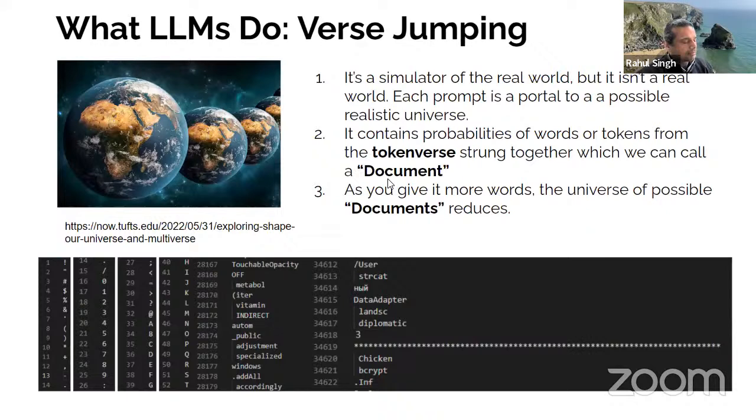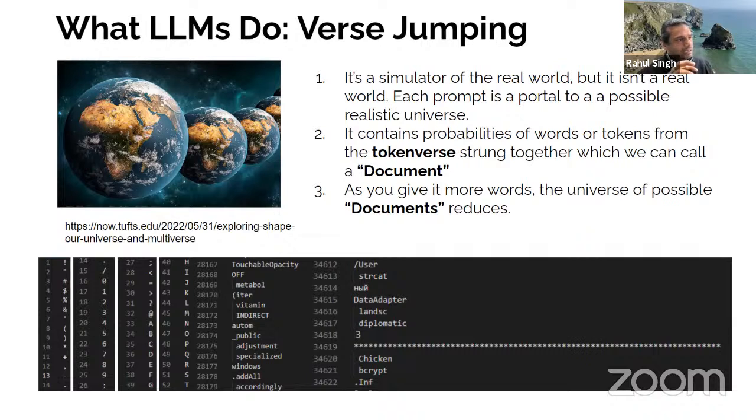This is something that I'm taking from the full stack deep learning guys. They say, what do LLMs do? They do verse jumping. And verse jumping meaning, if you've ever seen that movie, Everything Everywhere All at Once, if they do some weird stuff like eat chapstick, they can jump a universe.